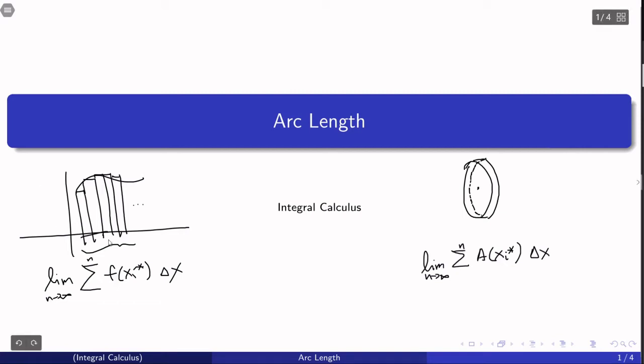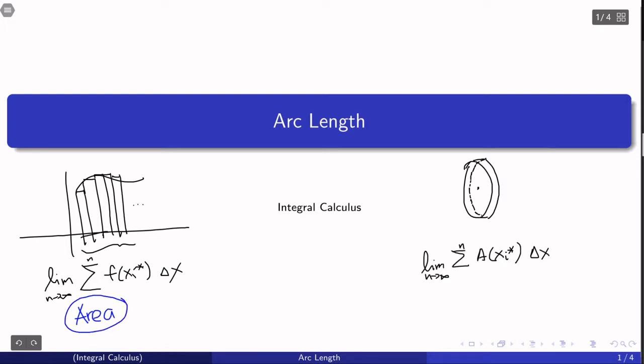Hey everyone. So in this video we'll be talking about arc length as another application of integrals. So far in this course we've seen two geometric applications. First is the area, right?